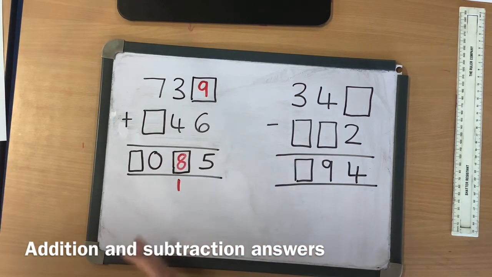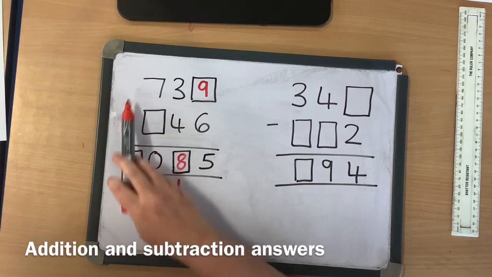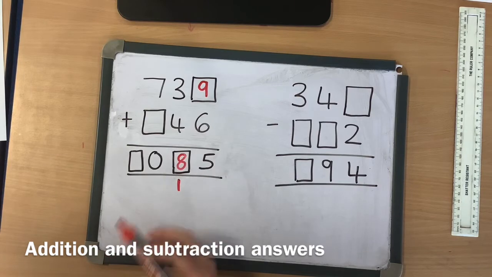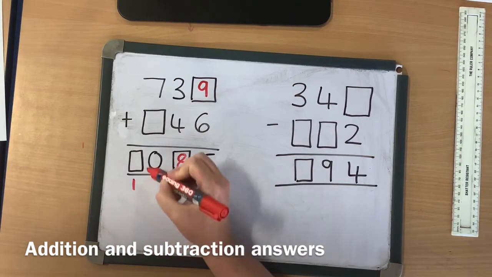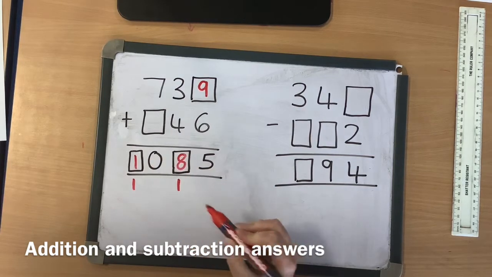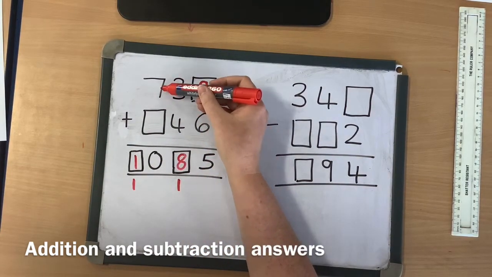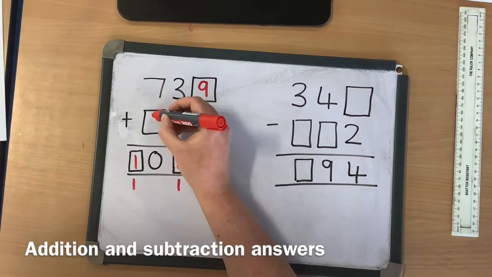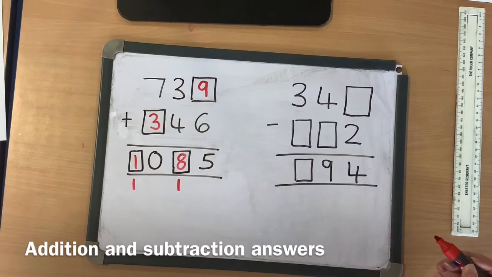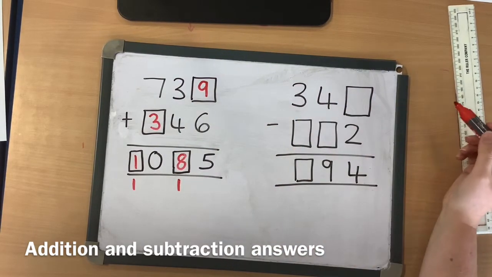Which once again, I know can't happen, but I also noticed that I've got a 1,000 digit, but no thousands to add, which shows me once again that I would have regrouped, so I'd have my 1,000 there. So then going back to my hundreds, I need to think 700s plus what equals 10 hundreds, which would then be 300.